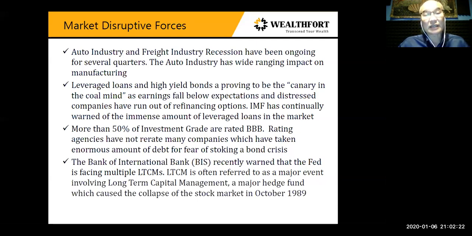Now, even the Bank for International Settlements is saying that the Federal Reserve is facing multiple LTCMs. And that has a lot to do with a lot of hedge funds that are over-leveraged, and then they need money, they need liquidity, they want to put up their treasuries as collateral, but banks do not want to lend them money unless the overnight rate, the repo rate, is much higher.